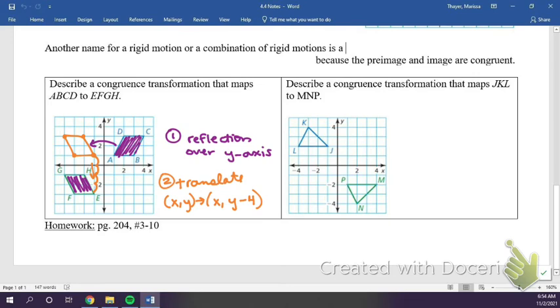For the next one, they're wondering what takes JKL to PNM, or MNP. Let's see, this one, it looks like it reflects over the x-axis.